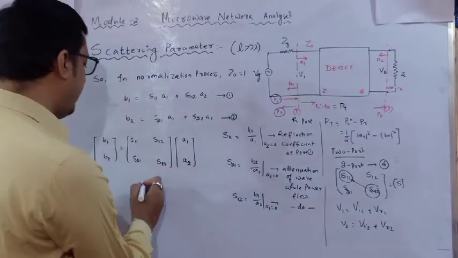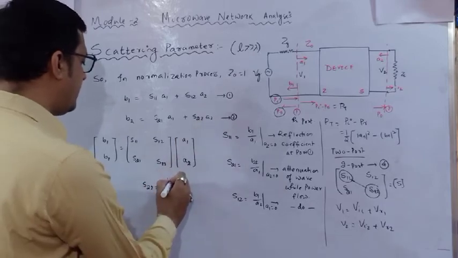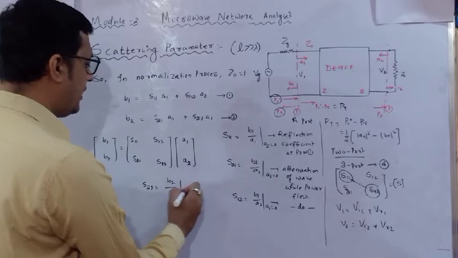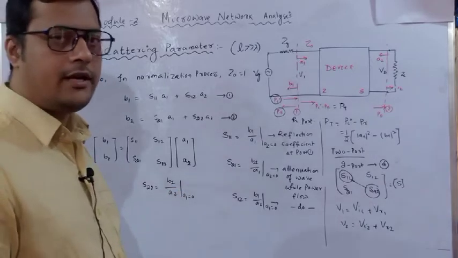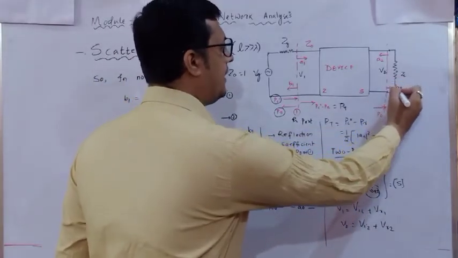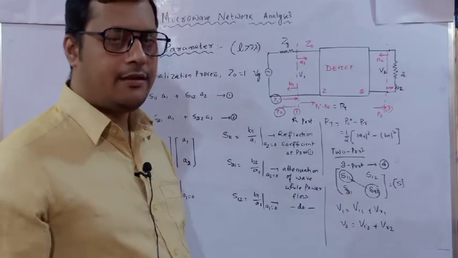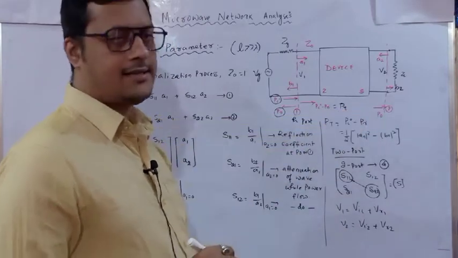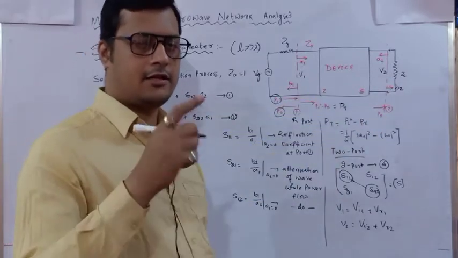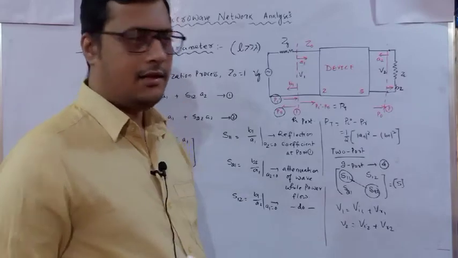Now we are left with S22. So what is S22? S22 is B2 by A2 with A1 equal to 0. Now what is B2 and A2? B2 is the reflected potential, and A2 is the incident potential in which particular port? In the second port. So in the second port, if you take a relation of reflected with respect to incident, you will get the reflection coefficient.